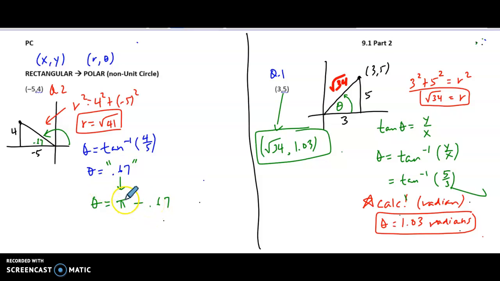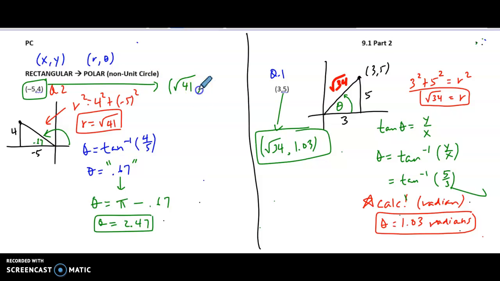We can't use 180 degrees because we're in radians, so we use pi. So your theta is approximately 2.47. This rectangular coordinate, in terms of polar, is going to be root 41 comma 2.47.